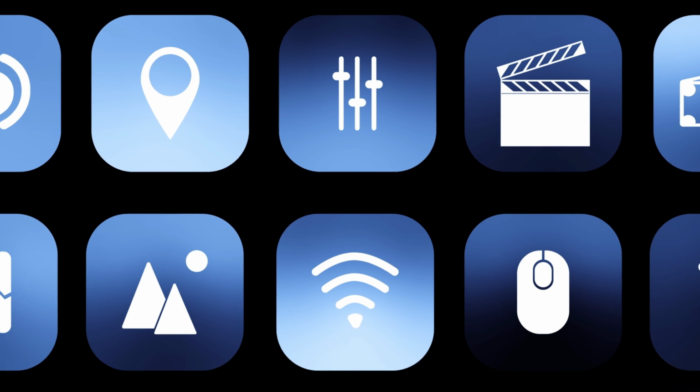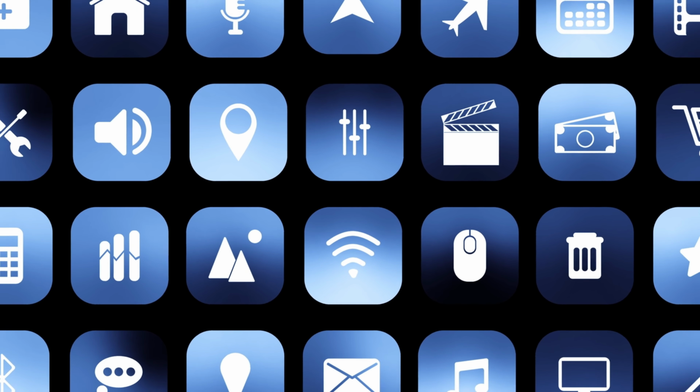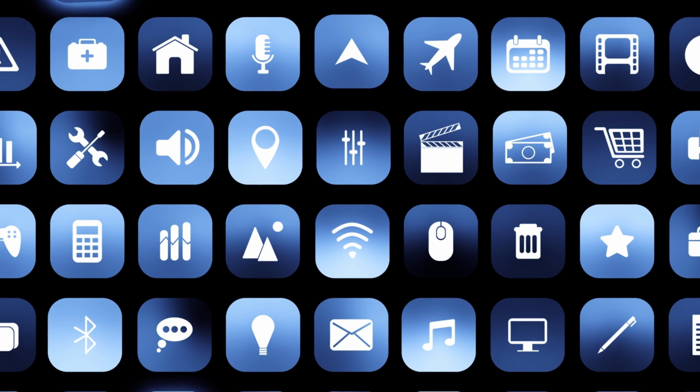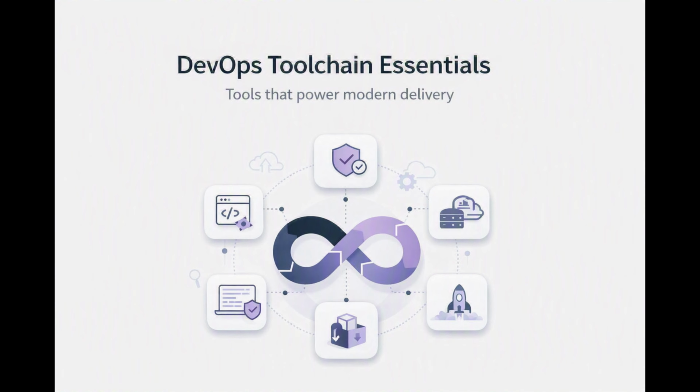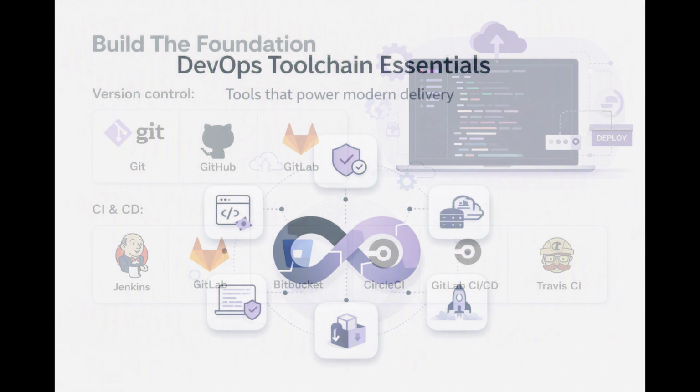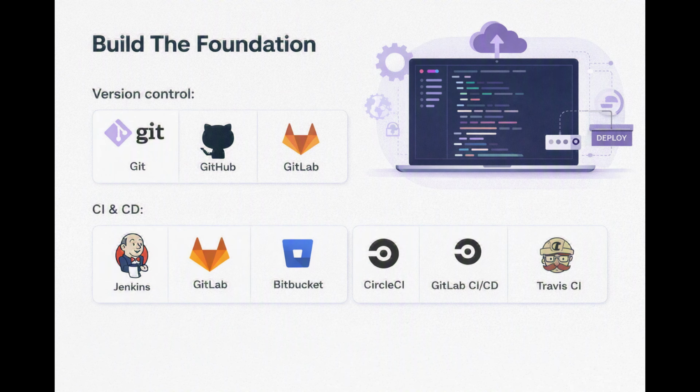To get started, you'll need tools for version control, continuous integration, and the software lifecycle. Here are some of the tools that can be used. Use Git for version control and GitHub, GitLab, Bitbucket as a code repository. Jenkins, Circle CI, Travis CI.